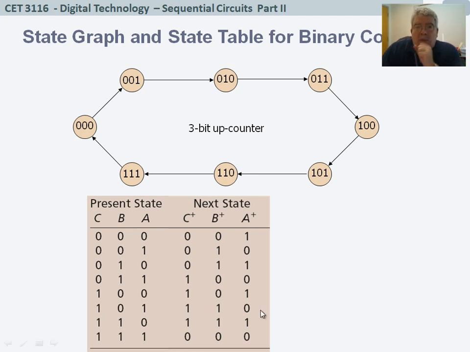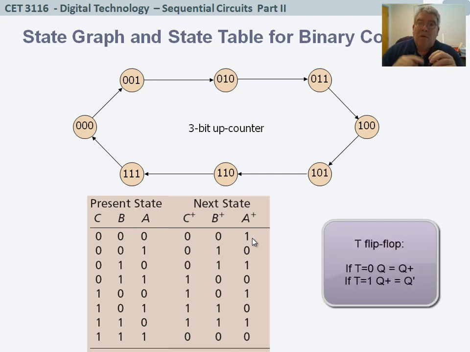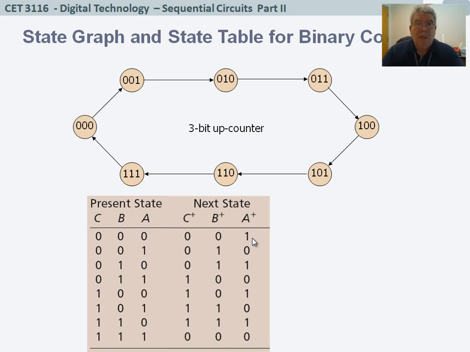Now, if we want to use the T flip-flop, remember the truth table: if we want to change or toggle, then T, the input to the toggle flip-flop, should be 1. If we want to keep the state as before, with no change, then T is 0, right?